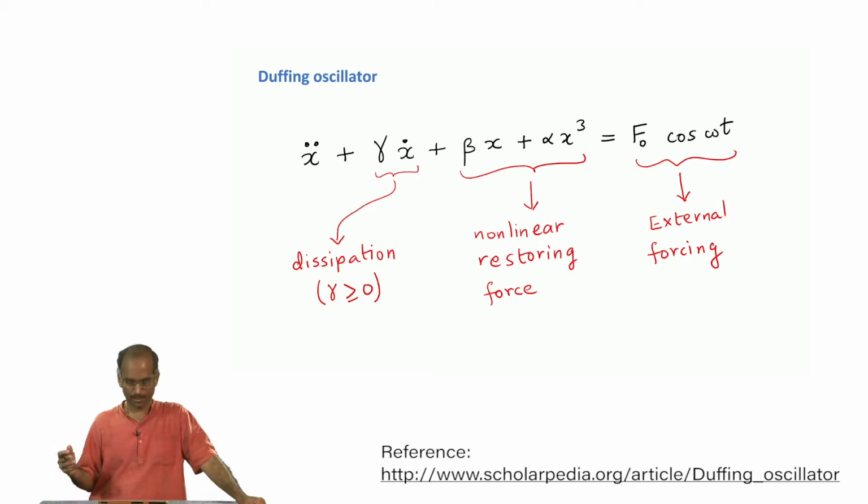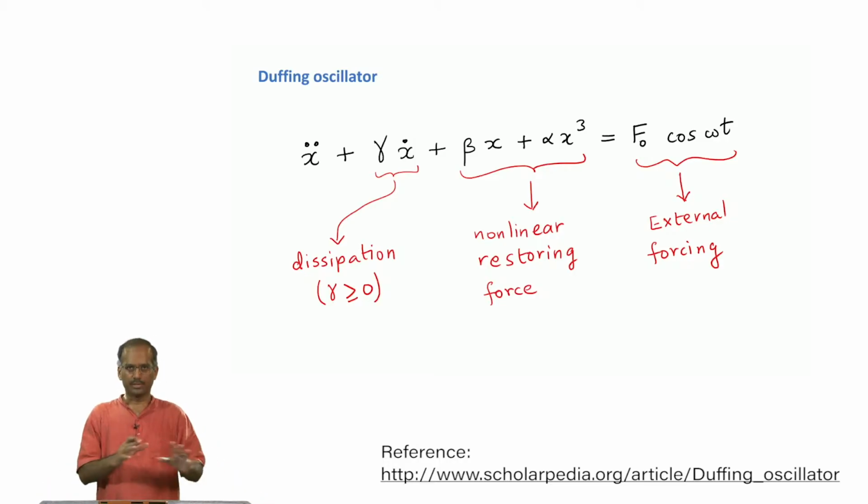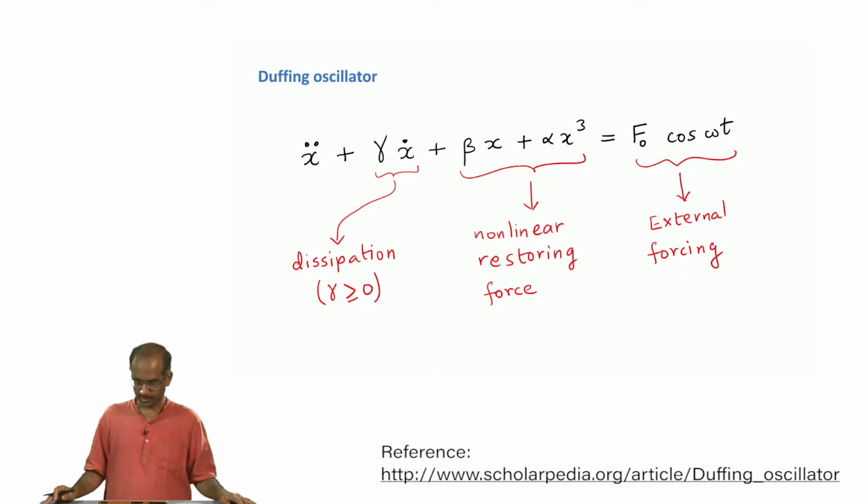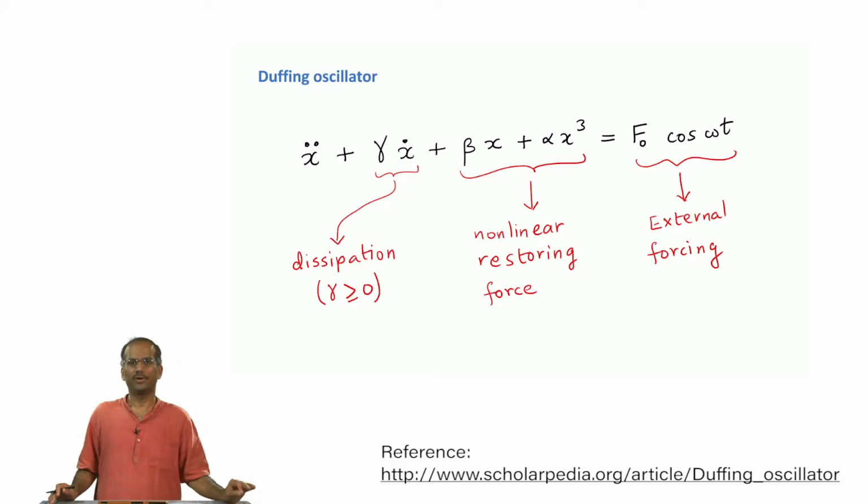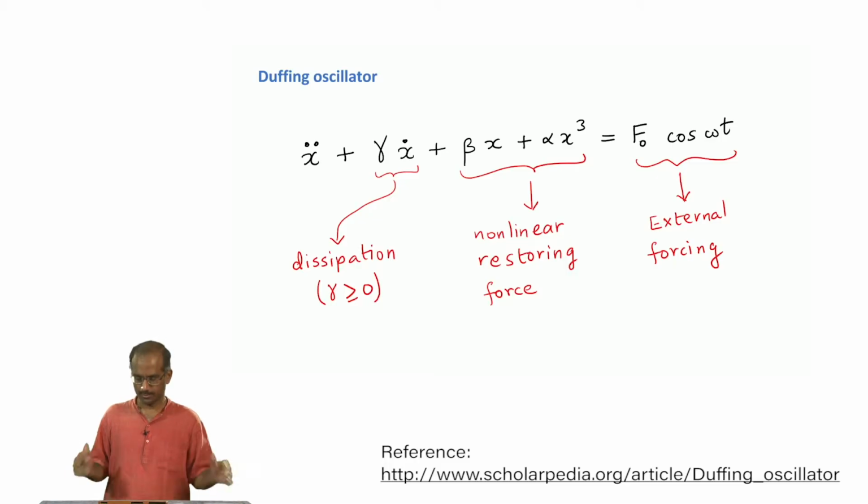So, it is a viscous dissipation, and gamma is of course the dissipation coefficient. So, these ingredients are there, and on the right hand side I have the external forcing, which is F0 cos omega t. Omega is the frequency of forcing. So, the external forcing is periodic and F0 is the amplitude of that forcing.